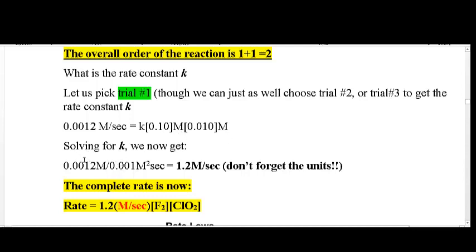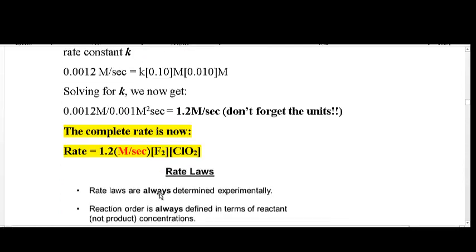So you've got to make sure your units are correct, because remember, the units of K are going to vary from one reaction to the other reaction. It really depends on the order of decay for each of the individual reactants in the reaction. All right, so doing that in M over seconds divided by M squared gives us final units of M over seconds, and 0.0012 divided by 0.001 is 1.2.